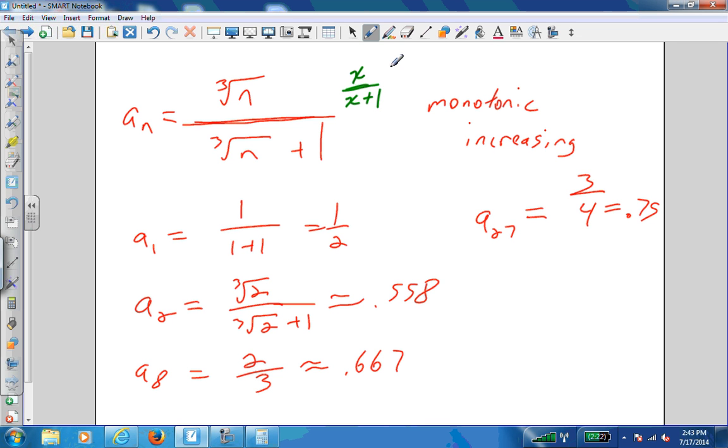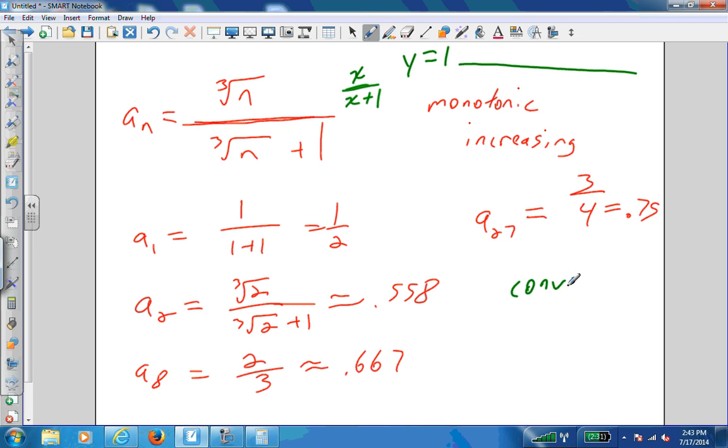We could say it's bounded by 1. It's always smaller than that, so there is an upper limit. While it is getting bigger and bigger, it's not going to infinity. There is a maximum value, so it's bounded. It's monotonic.